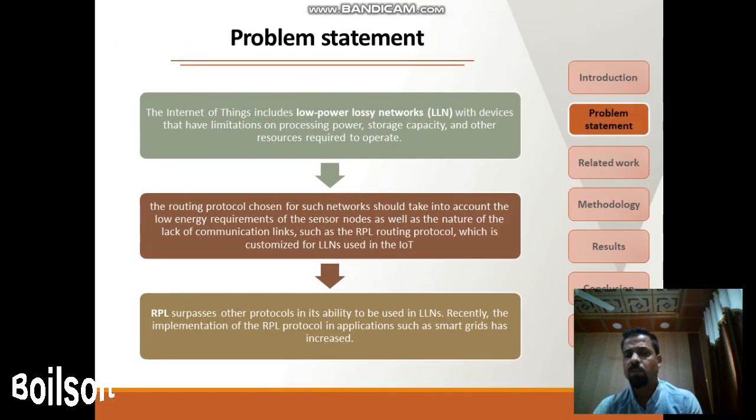Problem statement. The Internet of Things is a cloud of low power, lossy networks, with devices that have limitations on processing power, storage capacity, and other resources. The routing protocol chosen for such a network should take into account the energy requirements of the sensor nodes as well as the nature of the lossy communication, such as the RPL routing protocol.